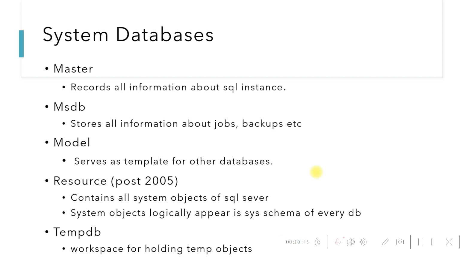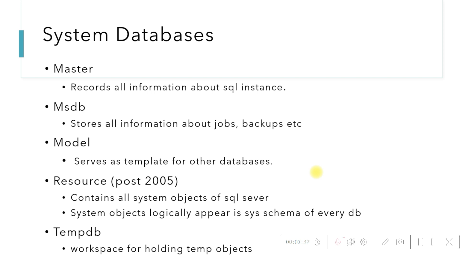If your master database gets corrupted, you cannot start your SQL Server instance. So I would like to emphasize that you have a backup of that, so that you can restore it in case of an emergency.